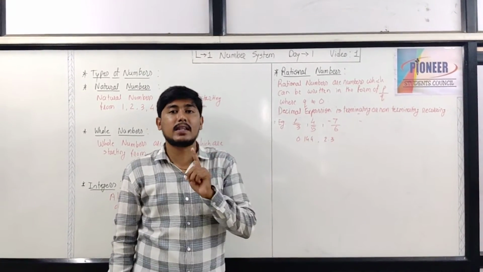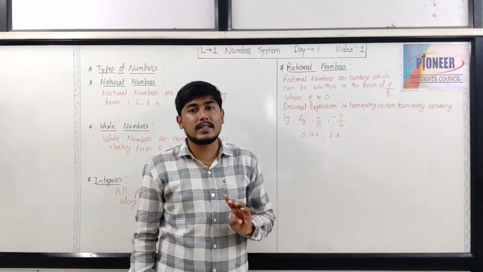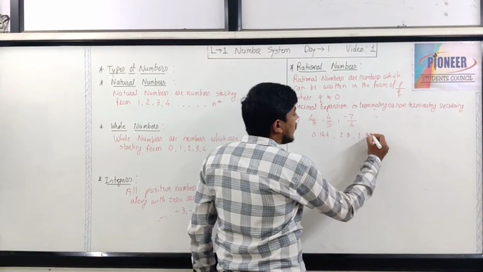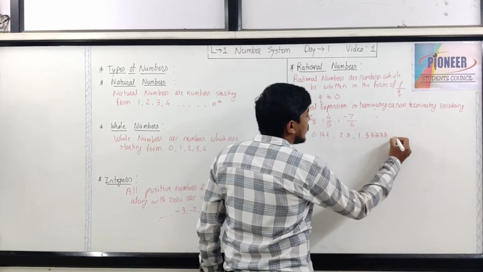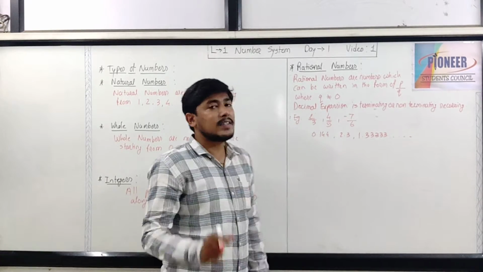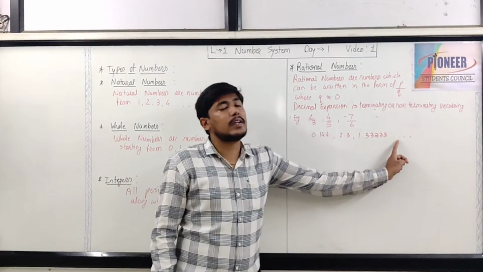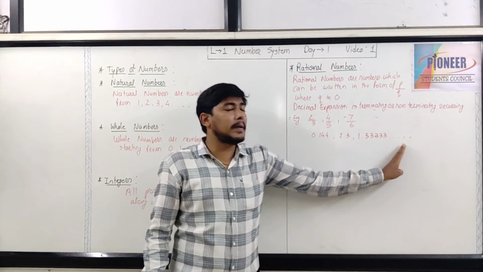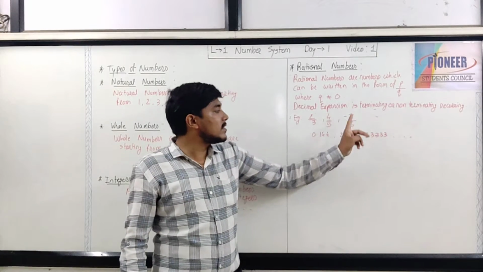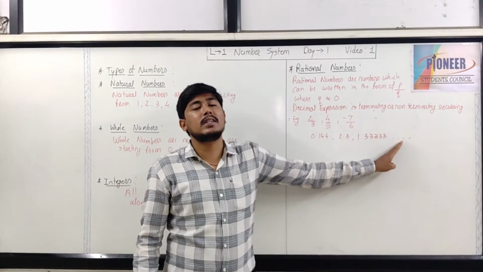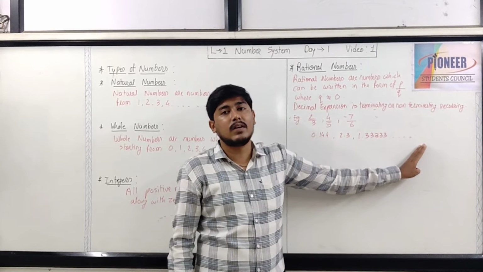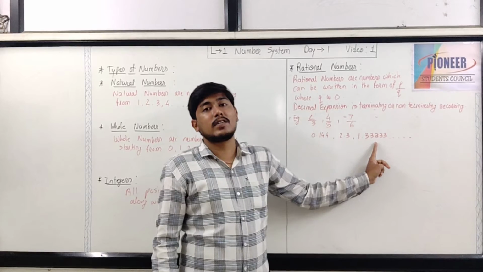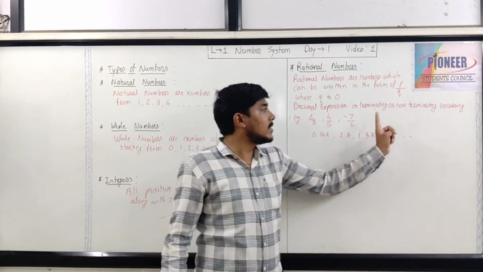Or we can say 1.33333 and so on, it is continuing. The 3 is coming repeatedly, which means this number is non-terminating, not ending anywhere. So this number is called non-terminating, but it is recurring.